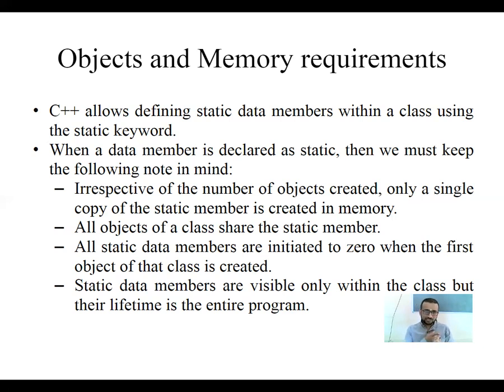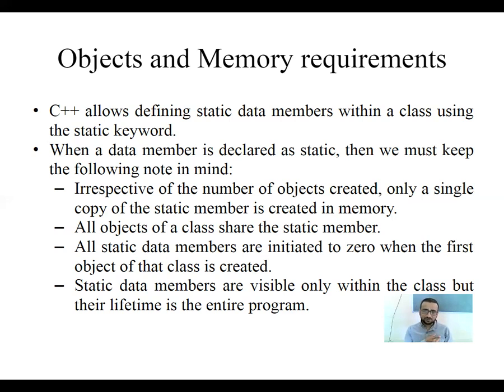The first thing is that static data members exist irrespective of the number of objects created. Whenever you have a static data member, only a single copy of memory is created irrespective of the number of objects.